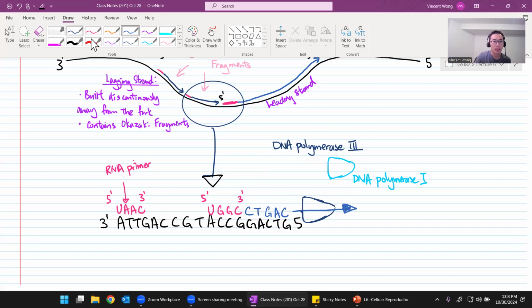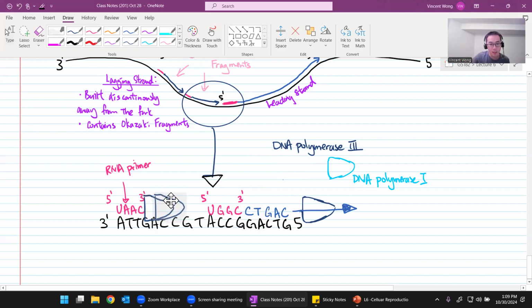Let me just draw another DNA polymerase 3 here. One more time. All right. So what about over here? Well, it's the same story. The DNA polymerase 3 is going to continue on from the RNA primer, but pay attention. This is where things get a bit weird.